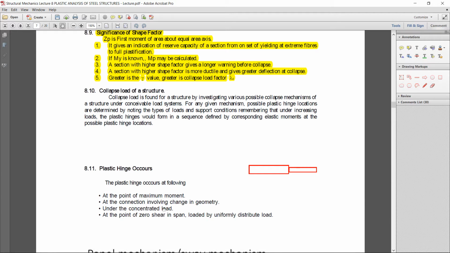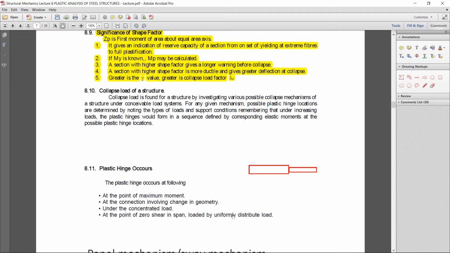Third, under concentrated loads. If a concentrated load is present here, there is also a chance that a failure mechanism happens at this point. A plastic hinge will occur at this point too. The fourth point is at the point of zero shear in a span loaded by uniformly distributed load.